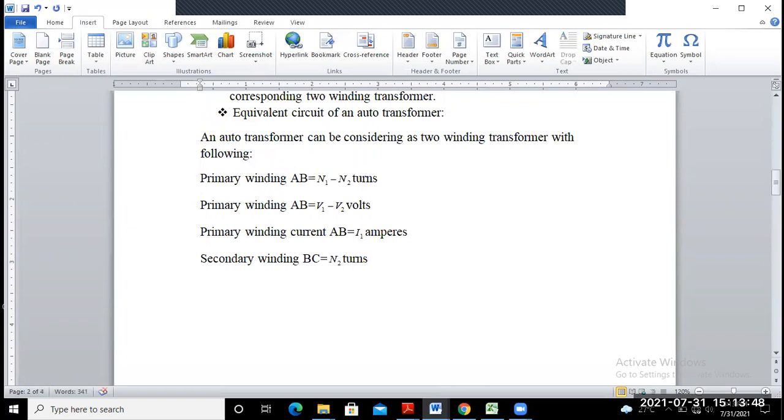And the secondary winding BC has the voltage V2.